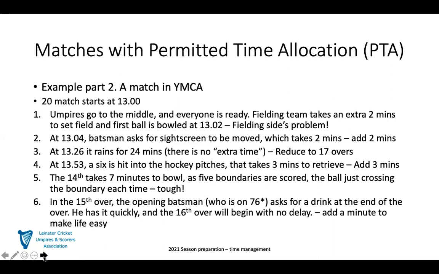Aidan, I'll tell you what I have. We start off at 1 o'clock, finish time is 1420. For the sight screen, the first one at 1304, we add 2 minutes, so the finish time now is 1422. Now we have the rain, and after all the calculation, I have the finish time at 1434.